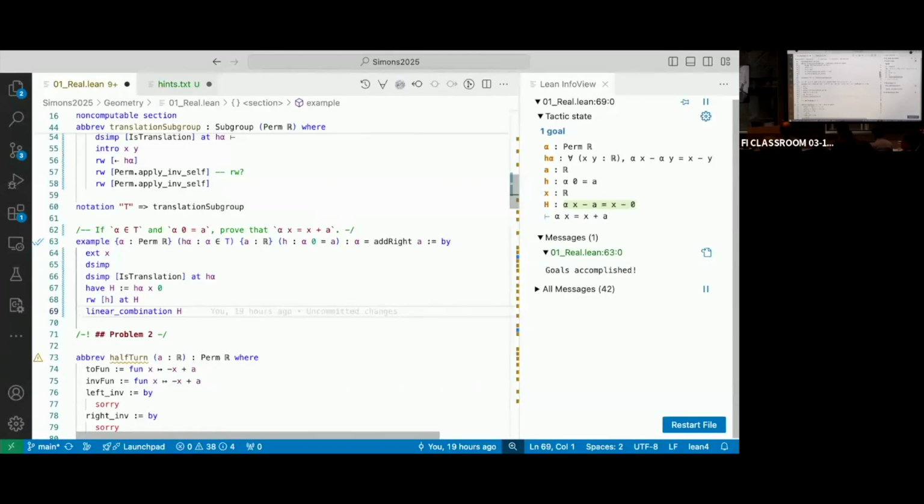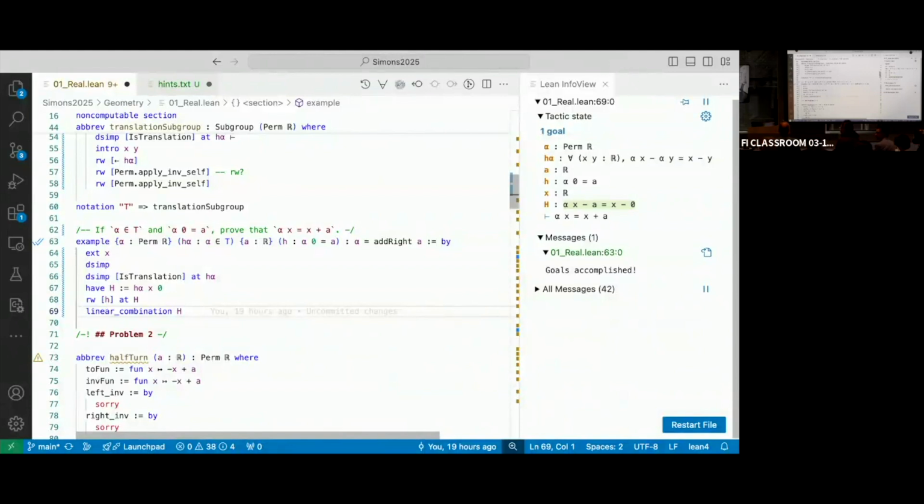So when you say linear combination H, it sets up this modified problem, and then it ring normalizes this expression and this expression and checks that you get the same thing.